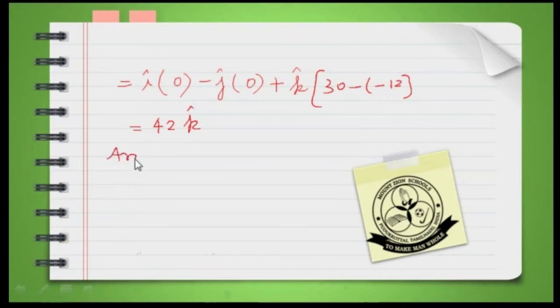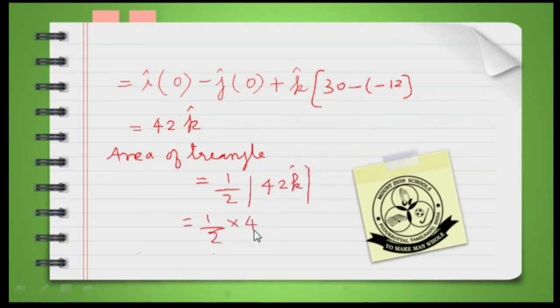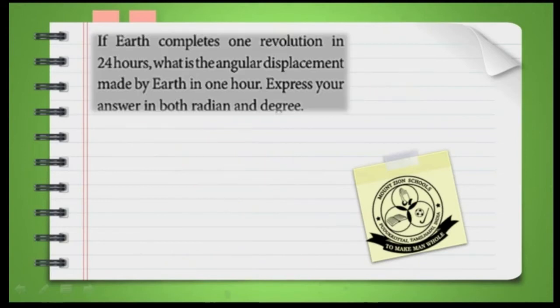So area of the triangle is equal to half into modulus of 42 k cap. So we take only 1 by 2 into 42. It is equal to 21 square units. Okay, move on to the next problem.